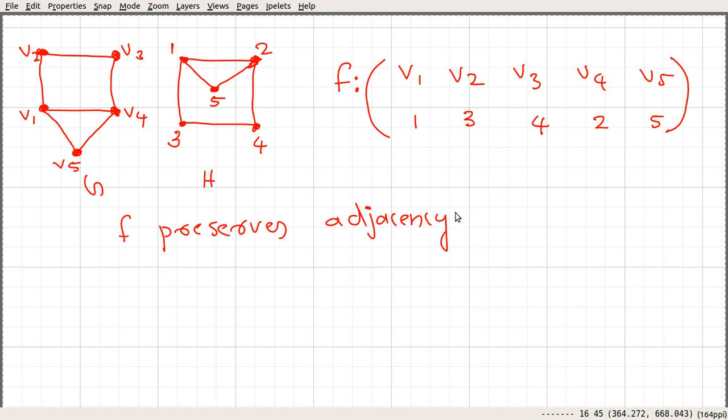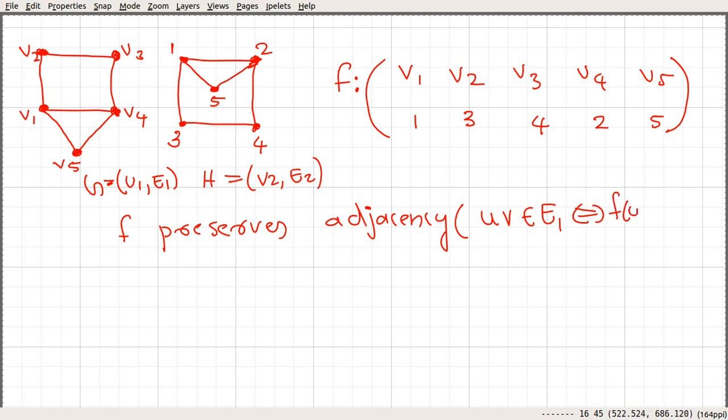That means if you have two adjacent vertices u and v in G, then f of u and f of v are adjacent in H, and vice versa. In order to show that f preserves adjacency, we have to go through each and every edge of G and show that this holds. So let's consider one edge at a time.